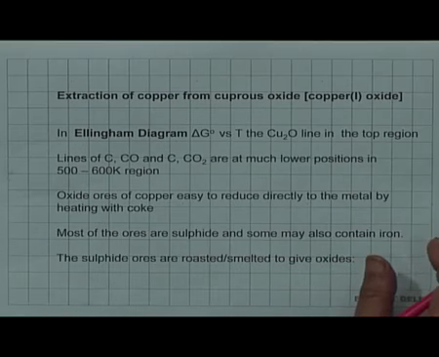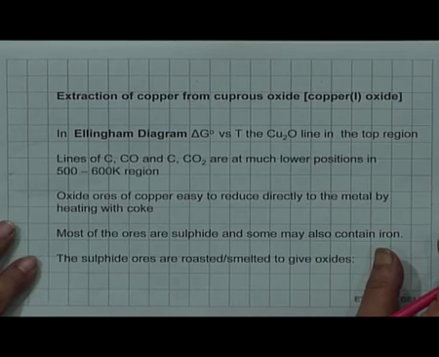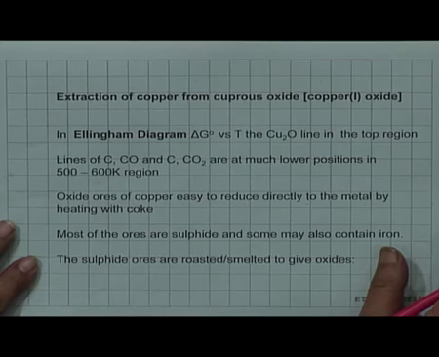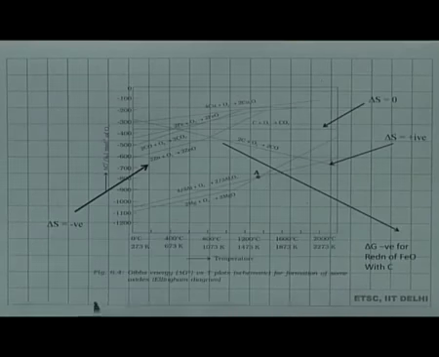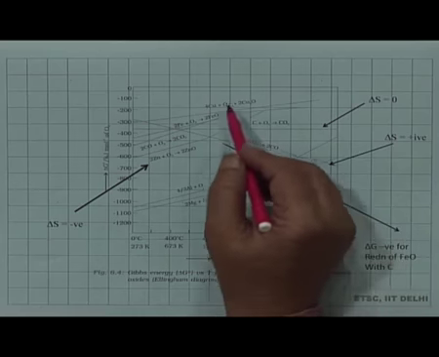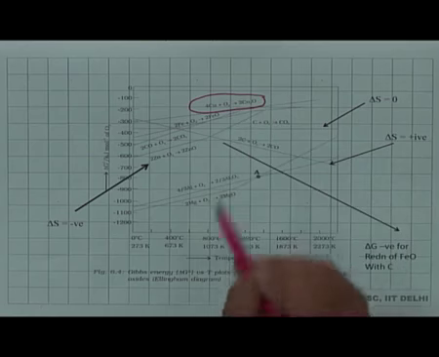First example, other than iron, we are going to discuss is the extraction of copper from cuprous oxide or copper monoxide. If you look at the Ellingham diagram which we have discussed earlier also, you can see that copper is on the top of this diagram.